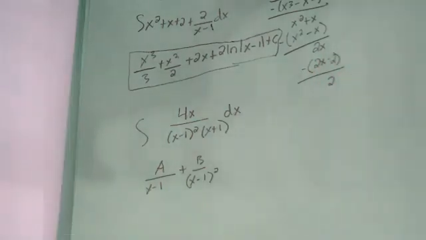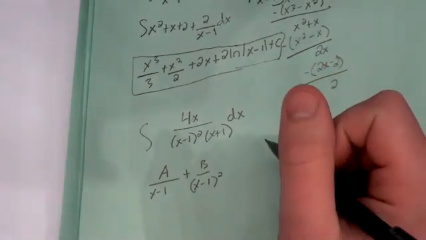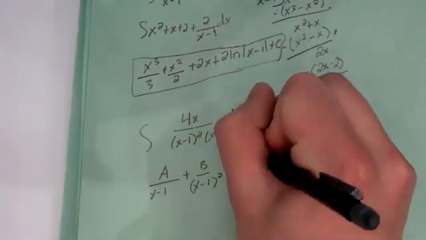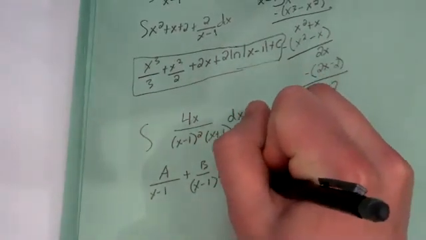So if you have some term squared, cubed, or higher, each of those terms needs its own letter or its own constant. So if that was x minus 1 cubed, you would have a over x minus 1 plus b over x minus 1 squared plus c over x minus 1 cubed. In this case, we just have x minus 1 squared, so we'll stop at b. Then we just have plus our c over x plus 1.